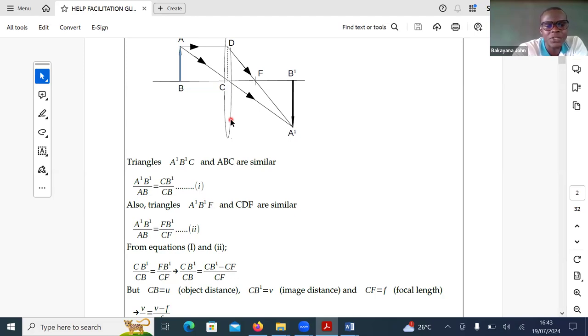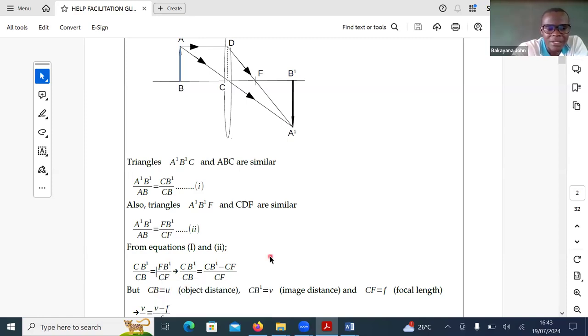That means I can equate the right-hand sides of equation 1 and equation 2, and I come up with this. That okay?